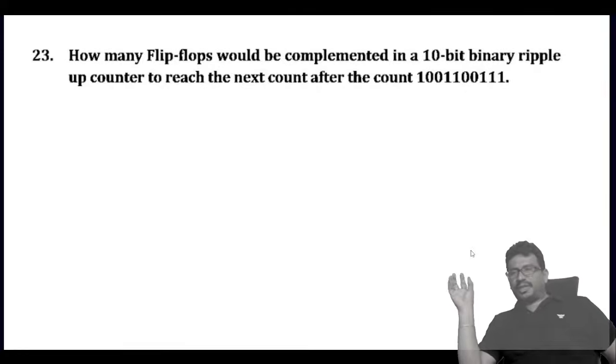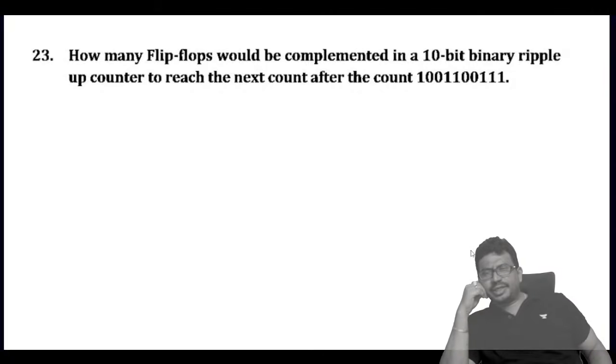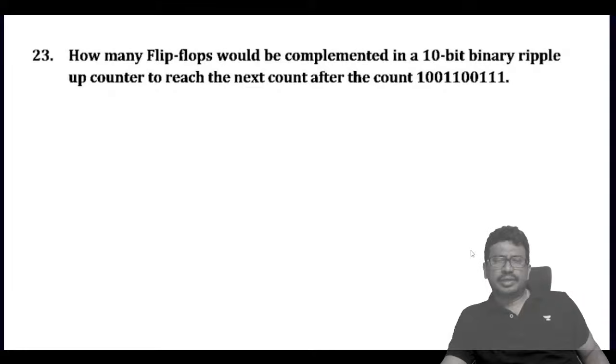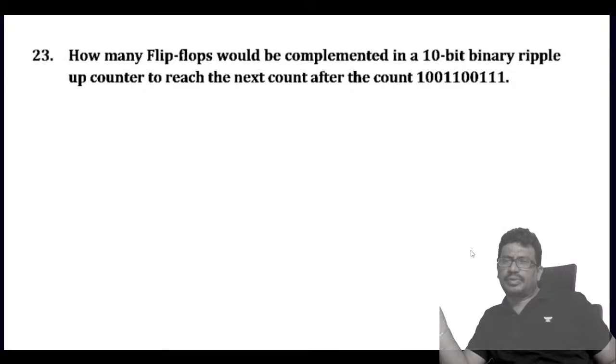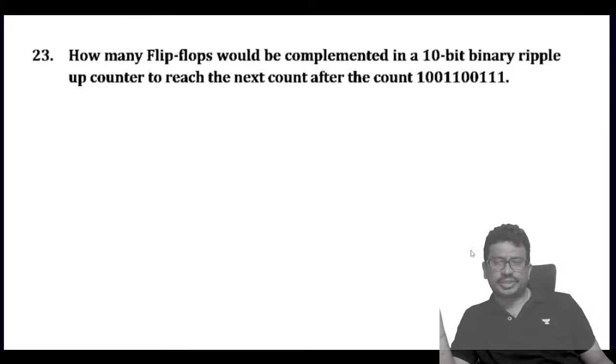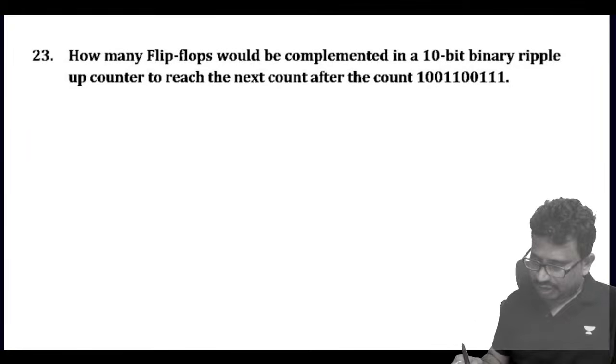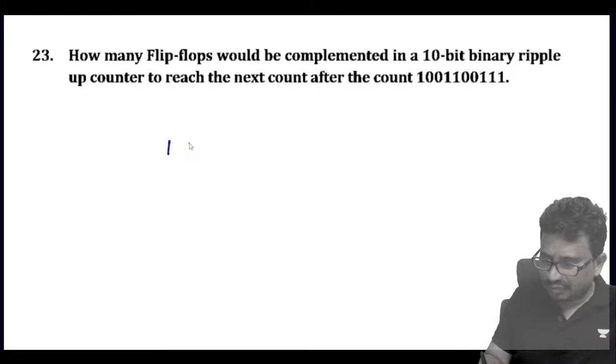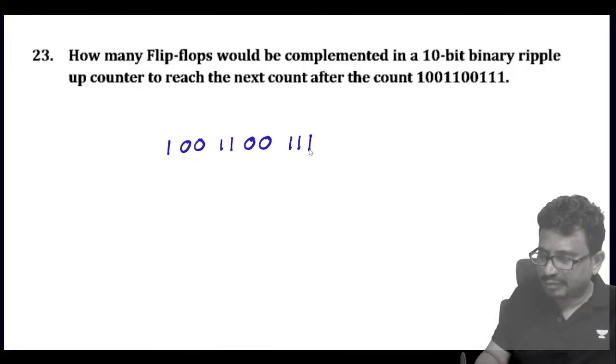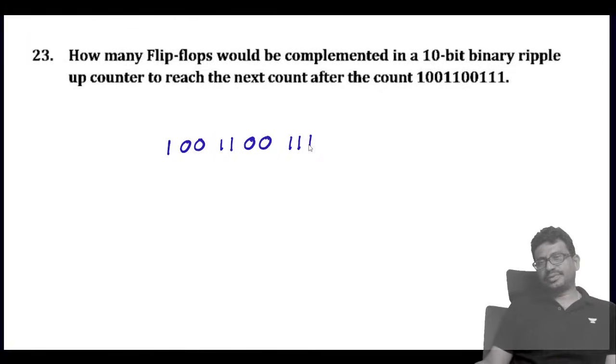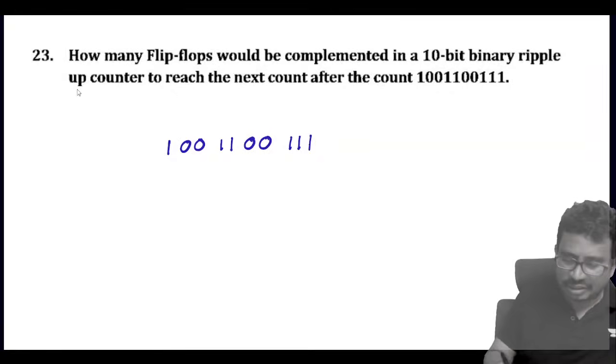How many flip-flops would be complemented in a 10-bit ripple up counter to reach the next count after the count is this much? They gave this count as 1 0 0 1 1 0 0 1 1 1. This is the initial state. Here they are saying it is an up counter.